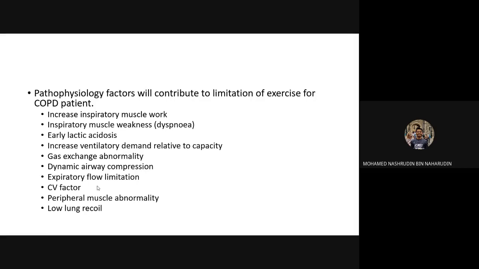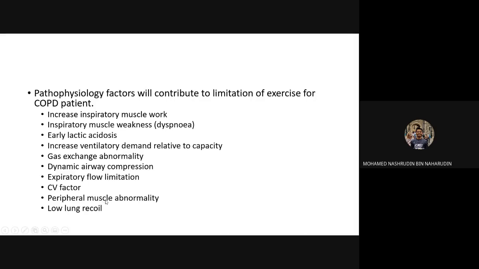And then of course this has something to do with cardiovascular factors as well. Cardiovascular and respiratory systems work hand in hand, so it will affect the cardiovascular system equally.